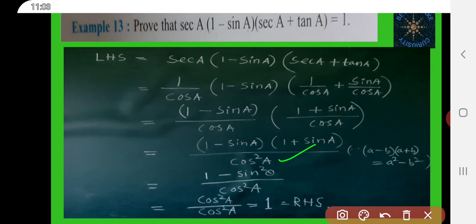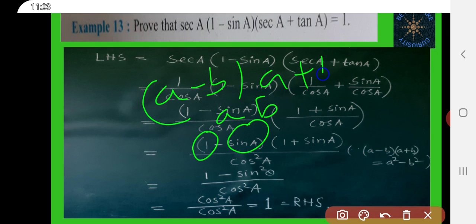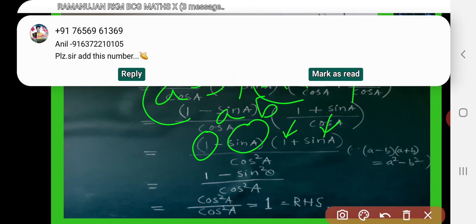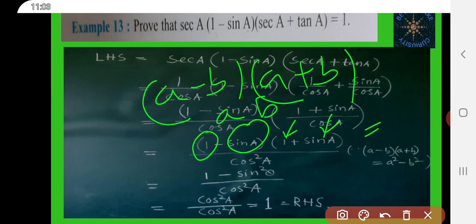And you know here a is 1, b is sin a. So a minus b into a plus b is equal to a square minus b square.